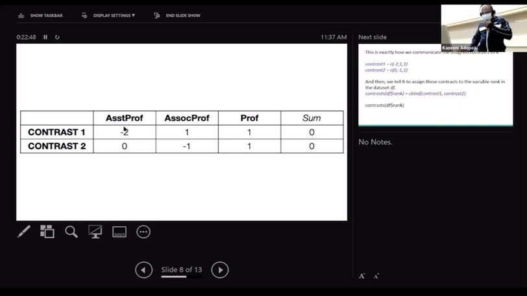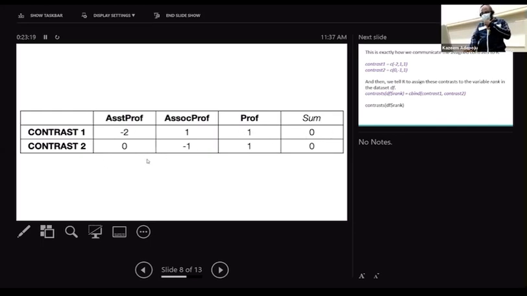Now, in contrast 1, the negative weight means the assistant professor is the baseline. Of course, an assistant professor should be a baseline in the lecturing cadre, so that's why I'm putting negative on that. And the sum of the contrast weights has to be equal to 0.